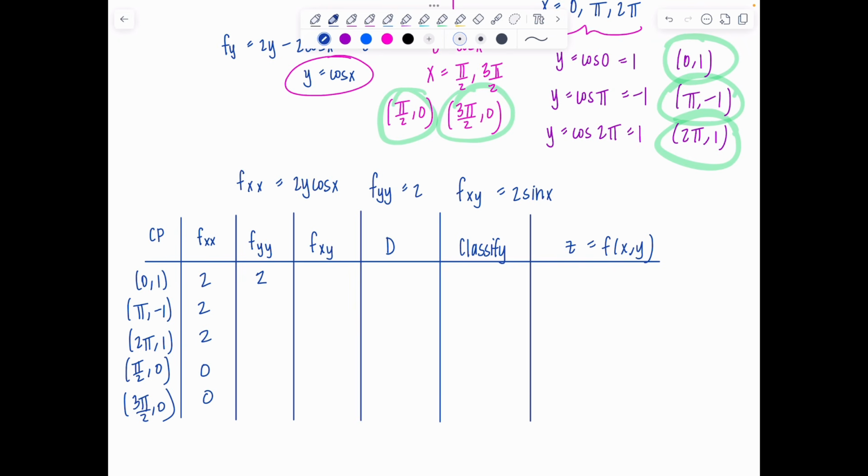This was my favorite column. 2, 2, 2, 2, 2, 0, 0, 0, 2, -2. So plus, plus, plus, minus, minus. If it's a minus, it's a saddle. And then the rest are local mins.